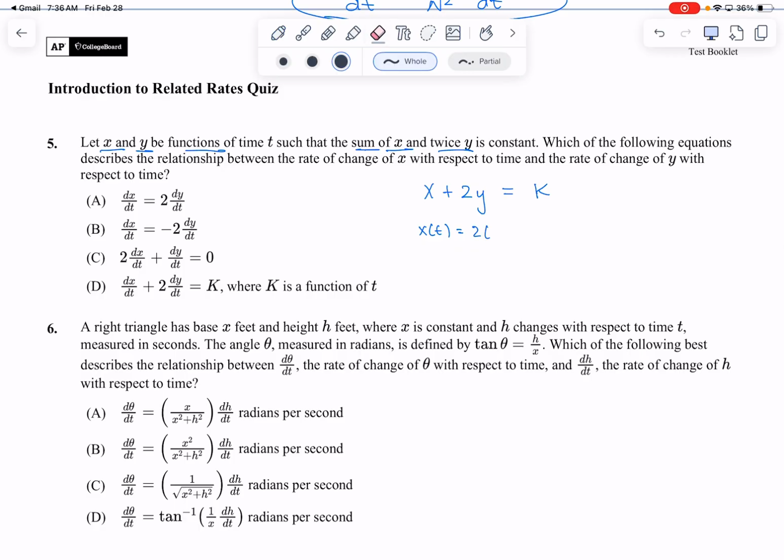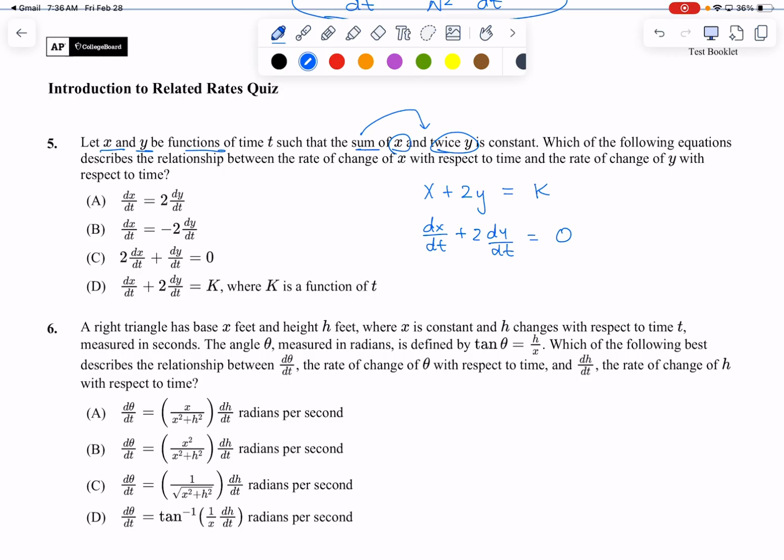But again, we don't have to worry about t because we just do that implicitly always. Time's not really going to show up in the equation. So we're going to have, and again, it's the sum of x plus twice y. Sum means add. So we're going to have dx dt plus 2 dy dt is equal to 0 because that's constant.